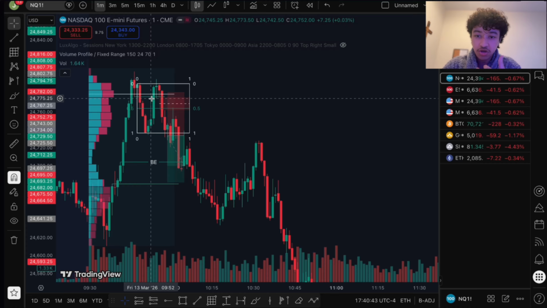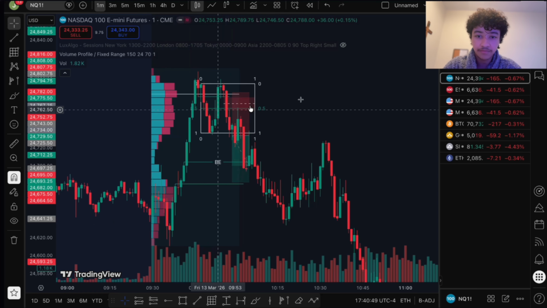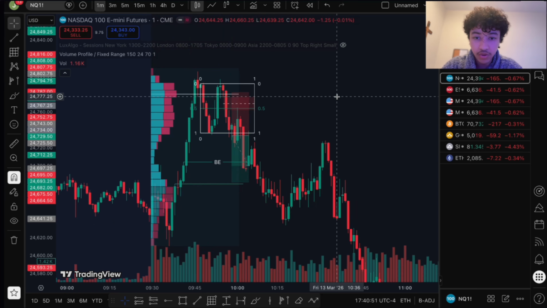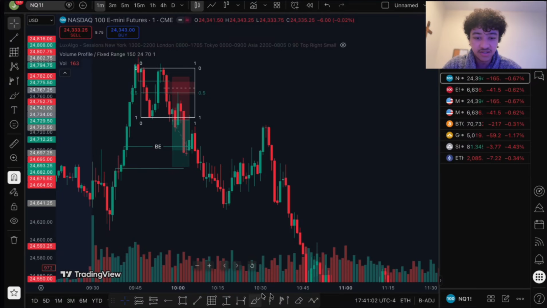I took this short because it broke structure and entered my equilibrium. There was liquidity right here. I always want to look for liquidity, but volume profile just added more to the reason to take the trade for the shorts. So you can see it can just be used as a resistance.